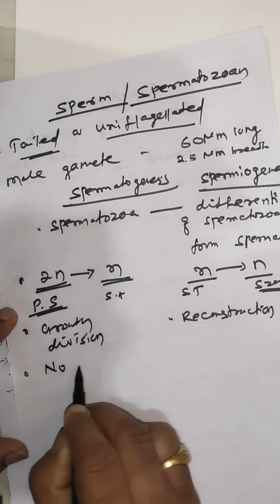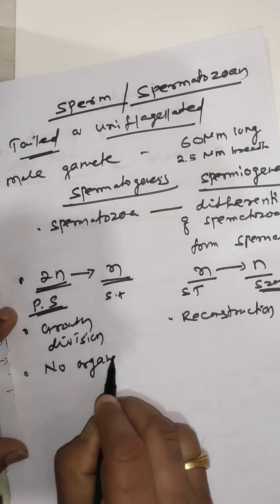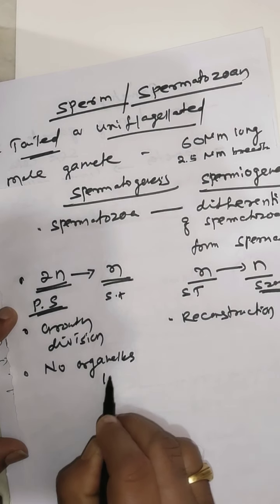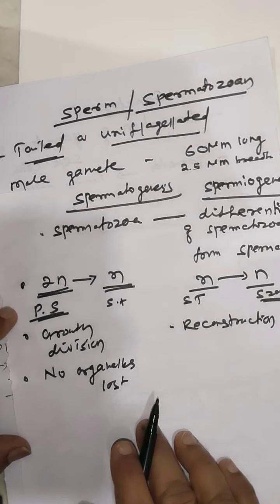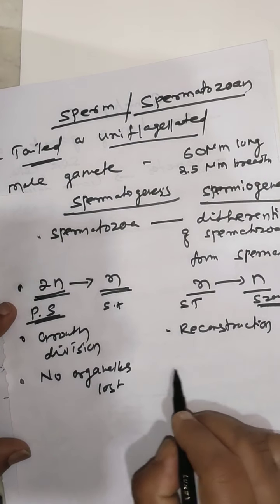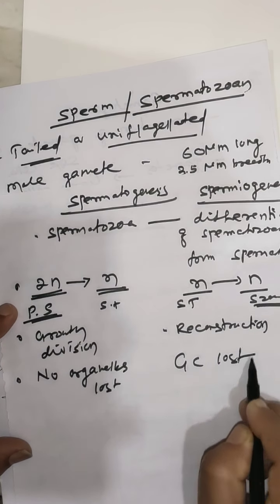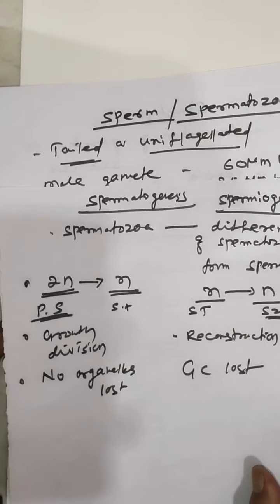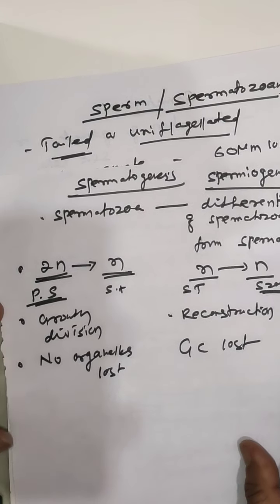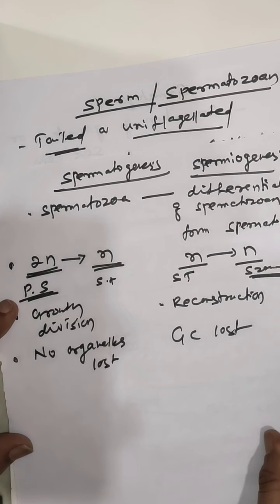Fourth point, in spermatogenesis no organelles are lost, whereas in spermiogenesis the Golgi complex is lost, because the Golgi body converts into the acrosome.